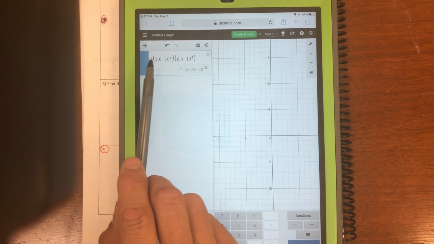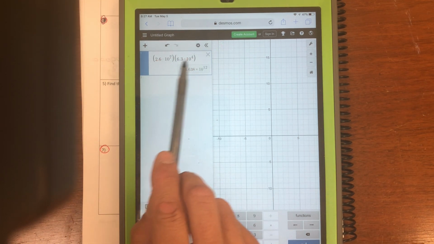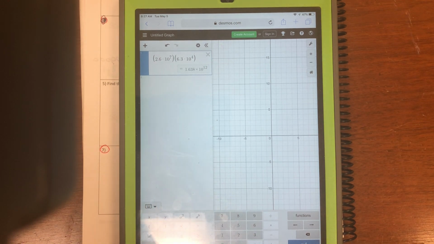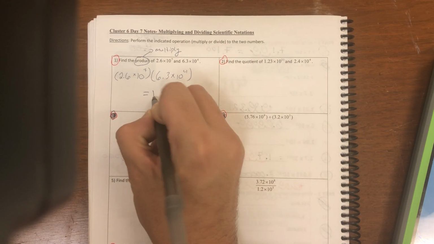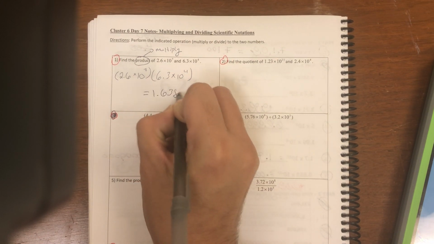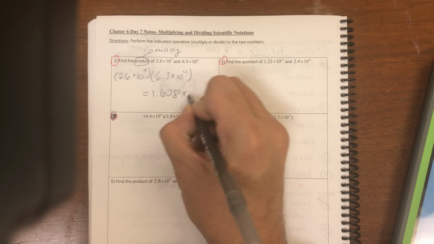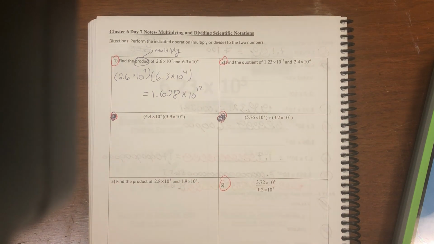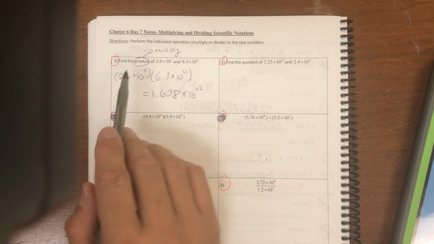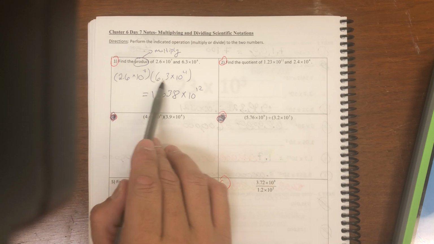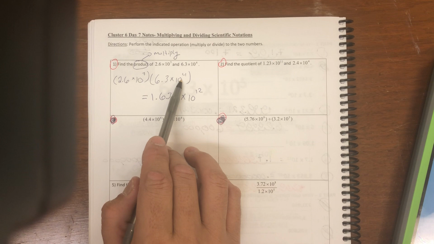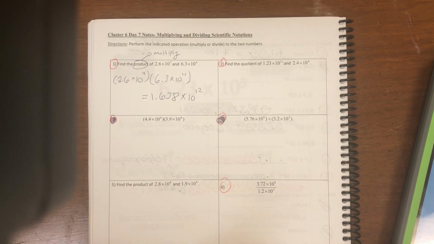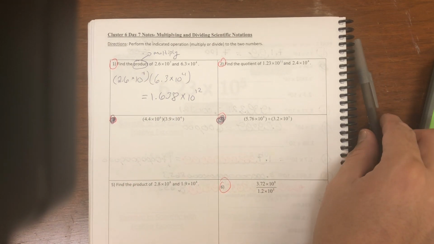And now if you multiply those two scientific notations, you end up with this as your answer, which is 1.638 times 10 to the power of 12. Basically what they did was multiply the two numbers right here to give me this. And then remember, when you multiply the same base, you add the exponents, okay?